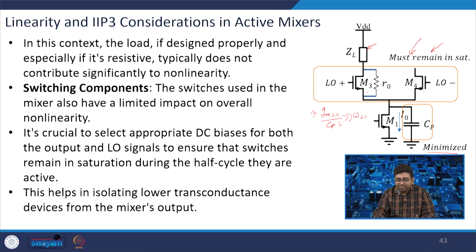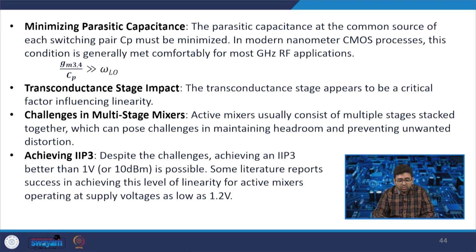So, we need to minimize the CP and we should increase the Gm3,4. And on the impact of the transconductance stage, it appears to be a critical factor influencing the linearity, and as I told, the overdrive voltage should be as high as possible.